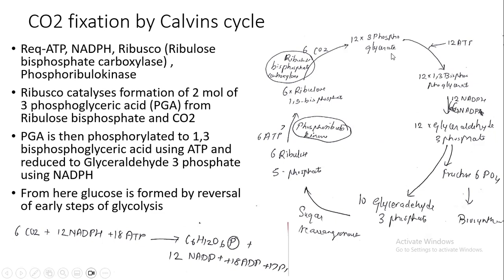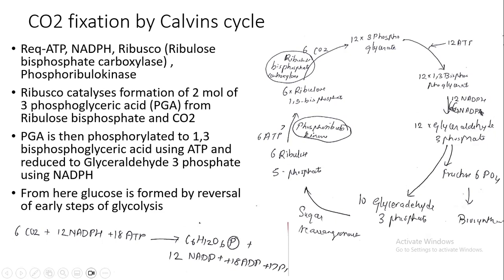Later, 3-phosphoglycerate is phosphorylated to 1,3-bisphosphoglycerate, using up ATP during this step. 1,3-bisphosphoglycerate is then further reduced to glyceraldehyde 3-phosphate utilizing NADPH.